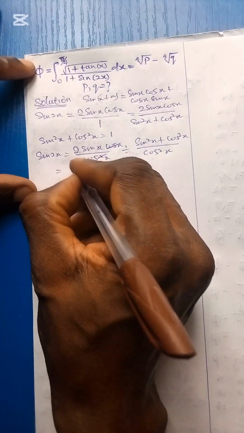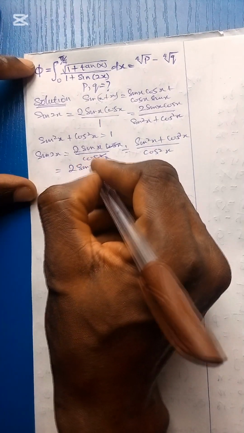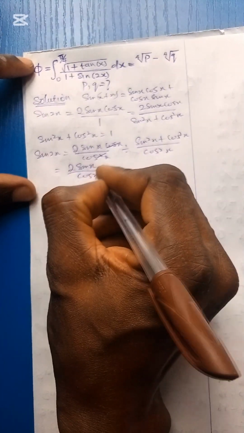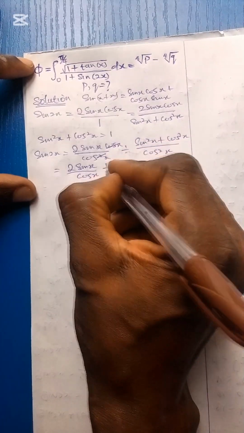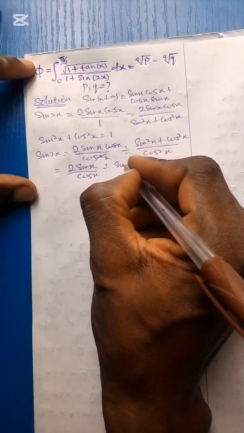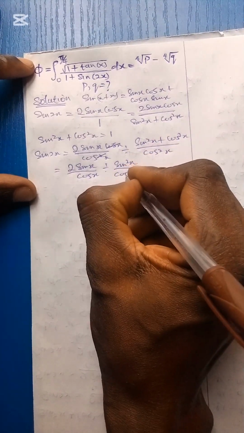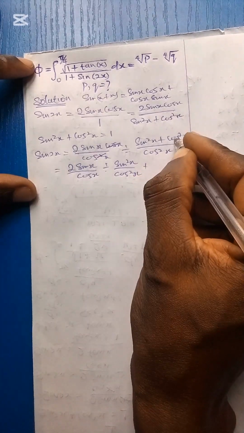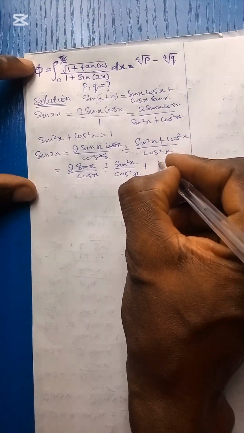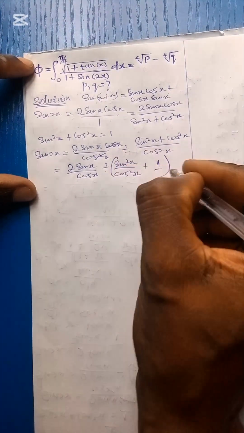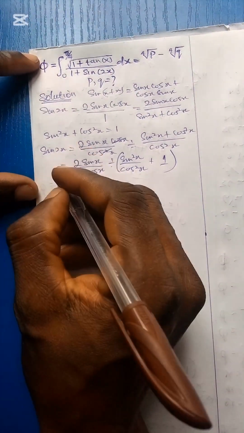So I have 2 sine x all over cos x, because one has been cancelled, divided by sine squared x all over cos squared x, plus when I divide cos squared x by cos squared x, I'll have 1.